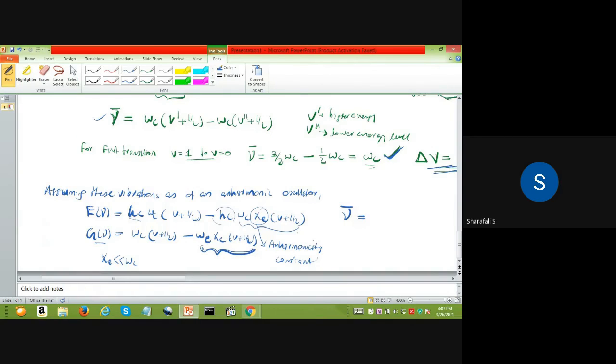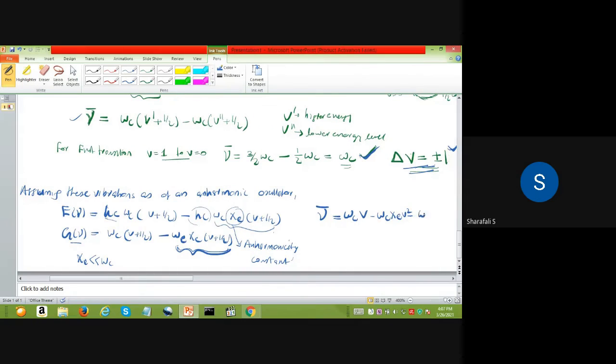If you calculate this nu bar, you will get omega C into V, minus omega C xC V squared, minus omega C xC V cubed, minus etcetera. These are the higher order terms because of the anharmonic vibrations.